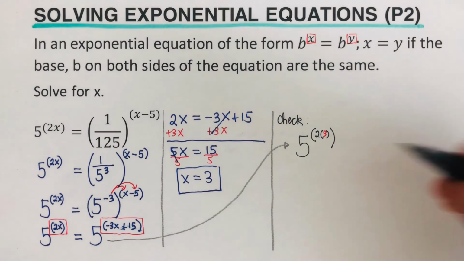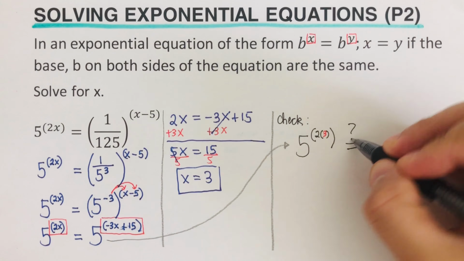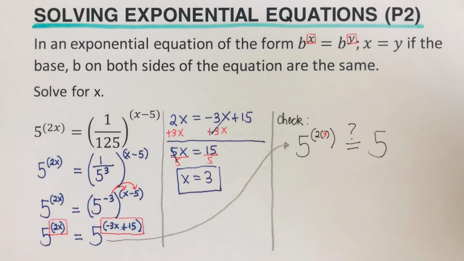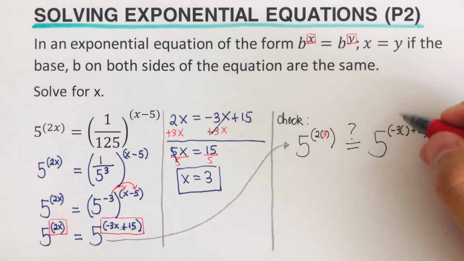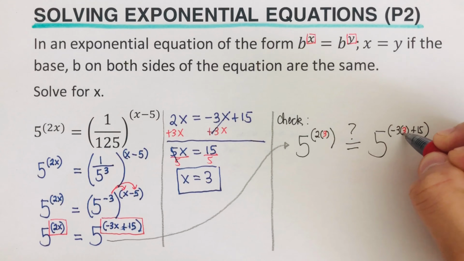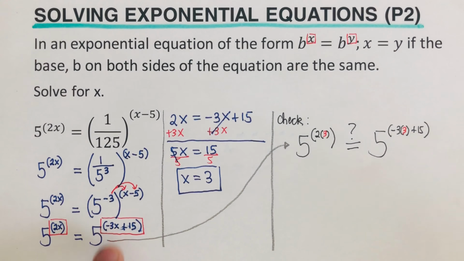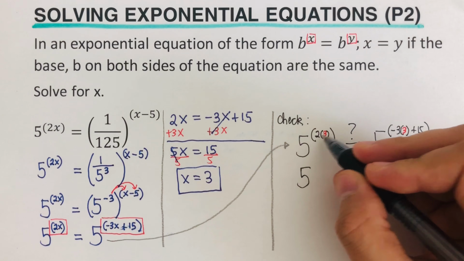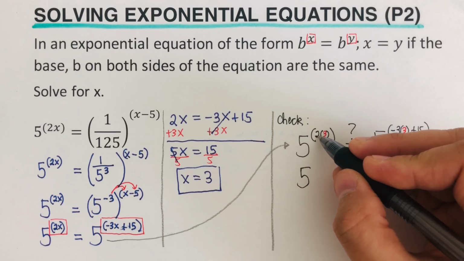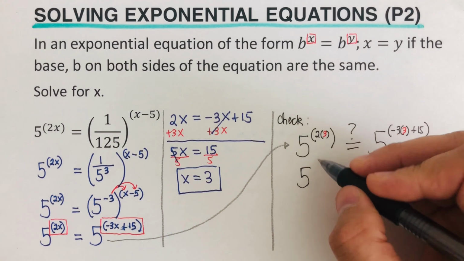And we're not sure of it yet. Is that equal to 5 to the power, that's going to be this one right here, so that is negative 3, then we put in the 3 that we got, plus 15. So again, this is going to be 3 right here, since that's the x that we solved. So our answer here would be 5 to the power 6, because 2 times 3 is 6.